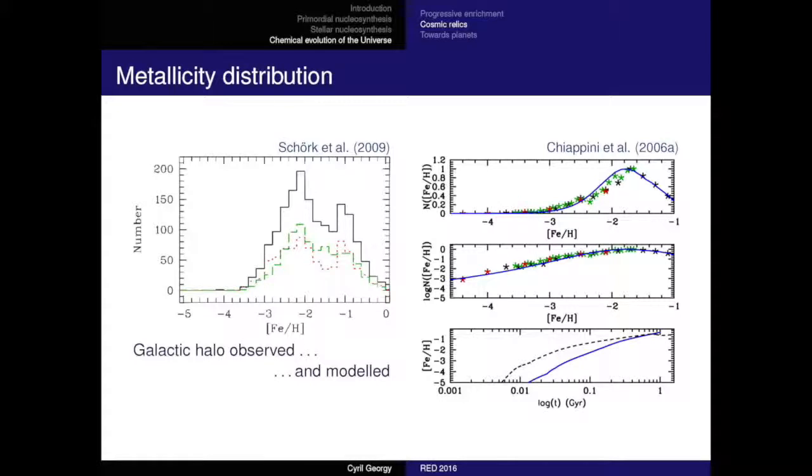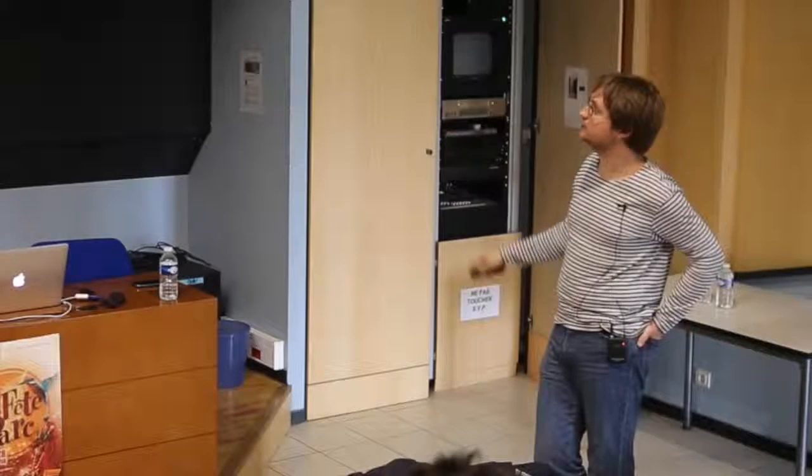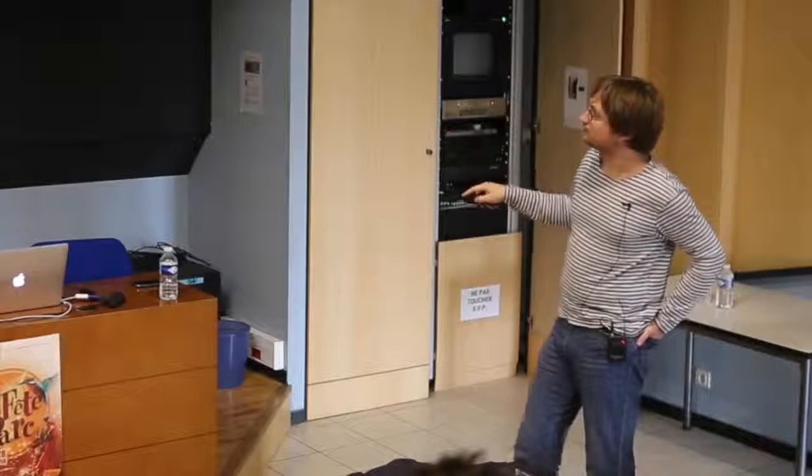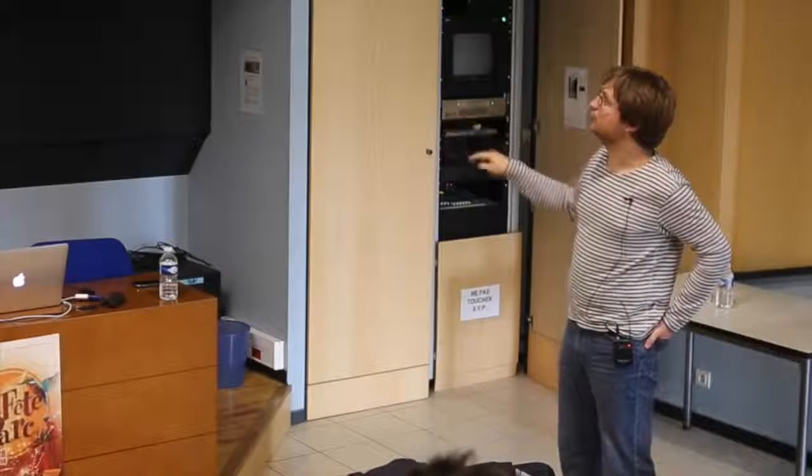points are the stars here, and you can check if we are able to produce models of the evolution of the chemical composition of the Milky Way, and check if they are able to reproduce the observed metallicity distribution of stars as a function of time or as a function of the metallicity here.